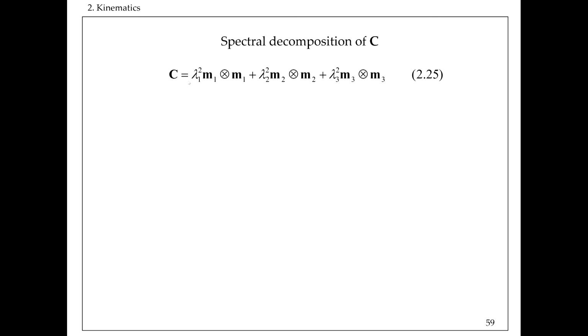And again, C, as you've seen, is very simply defined through the deformation gradient. It's just the F transpose F multiplication that produces this symmetric right Cauchy-Green tensor.